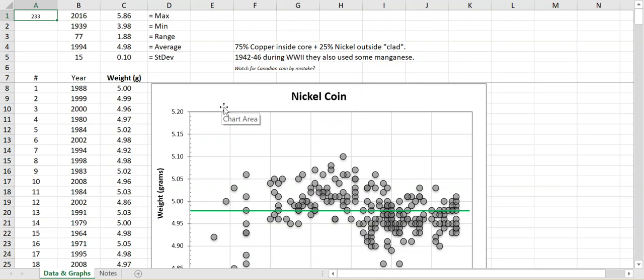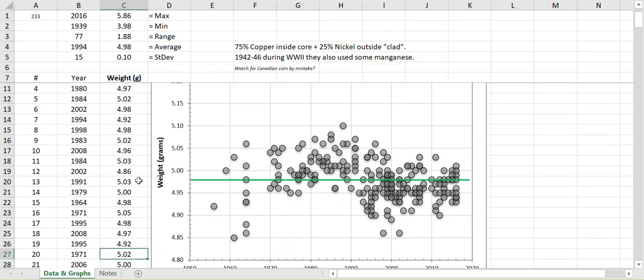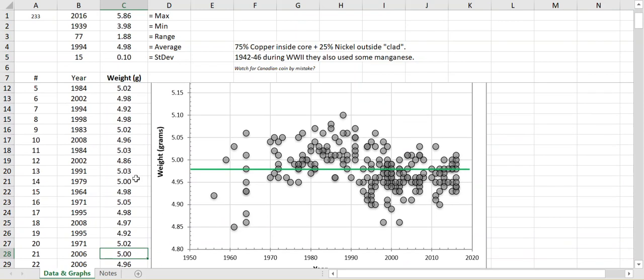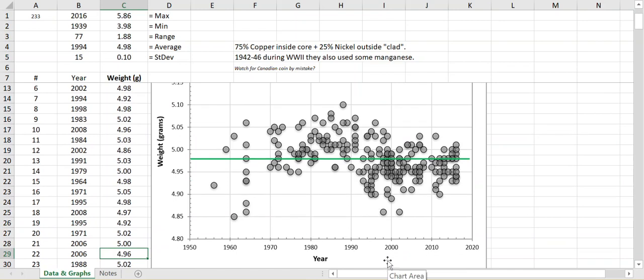And what we do here is we plot these on a graph, so we can take a look at this. Let me drop down just a little bit here. So you can see that this is the year the coin was minted, and this is the weight in grams.